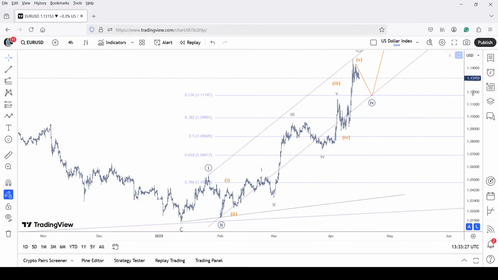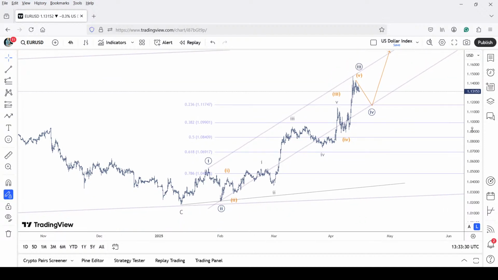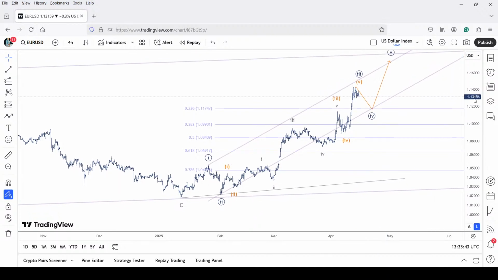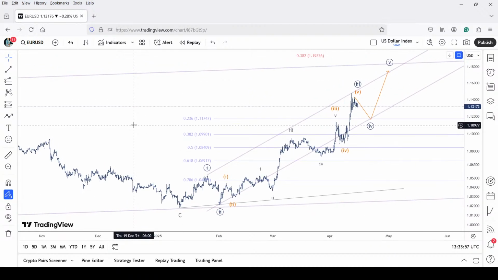And looking at the wave perspective now, if minute wave 3 is complete, that's what we have been talking about since last Friday, then we are looking at minute wave 4, and after that a minute wave 5 rally could continue towards 1.17, 1.19 going forward. So structurally we still have one more wave of a larger degree. That's a minute degree. Wave 1 complete, wave 2 complete, minute wave 3 extended.